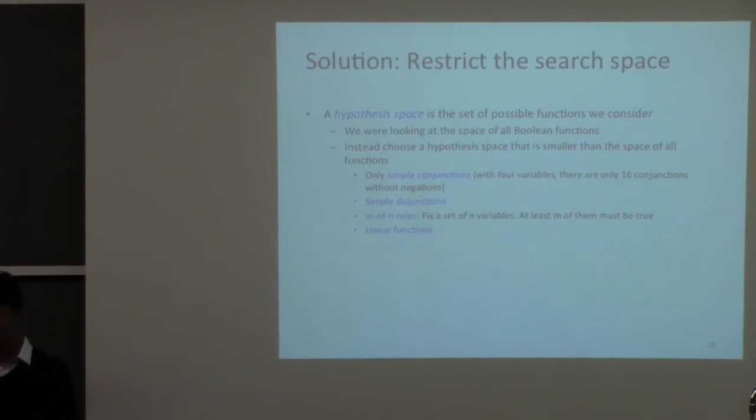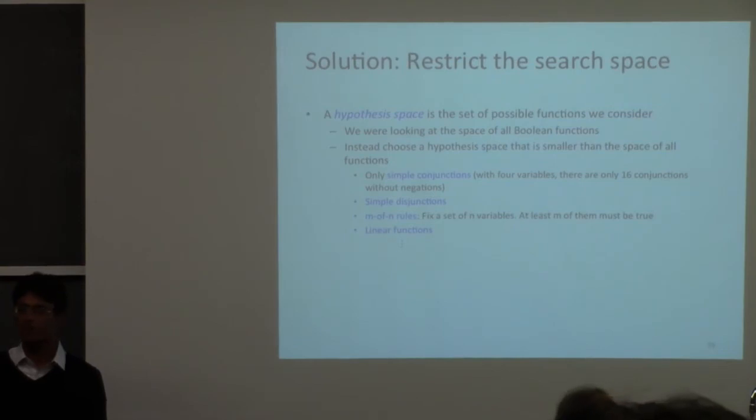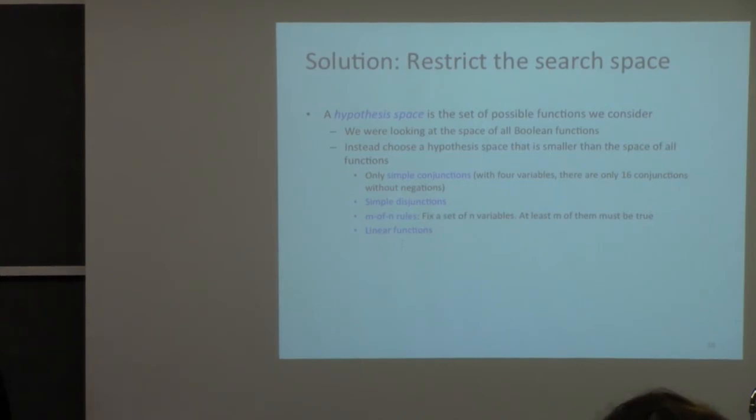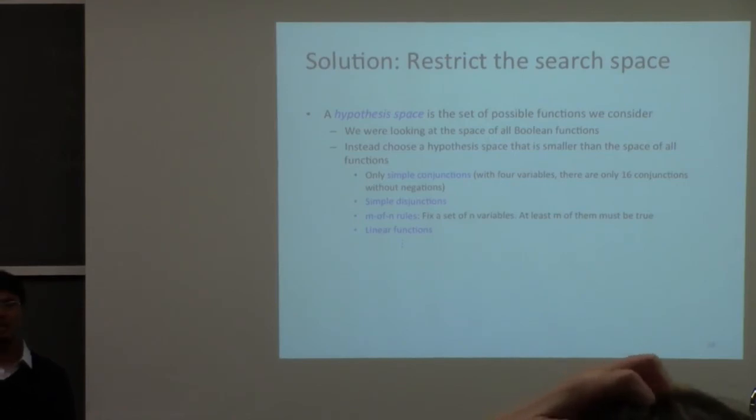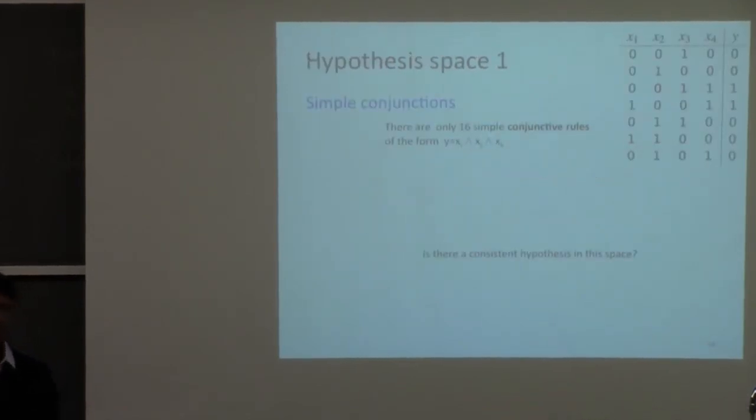One subset of these functions that we've looked at quite a bit are called linear functions, and they are the basis of linear classifiers, and linear classifiers represent all these functions that I have listed above. So let me walk through an example of simple conjunctions in the 7 minutes that are left.